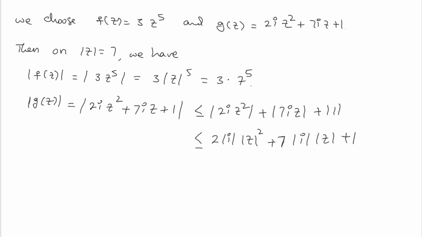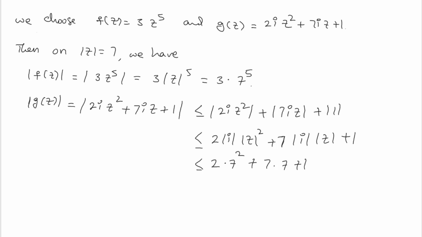Since we are calculating on the circle mod z equal to 7, I can replace mod z by 7. So this is less than or equal to 2 times 7 square, since the absolute value of the complex number i is 1, that is modulus of i is 1. So in total we get 2 times 7 square plus 7 times 7 plus 1.